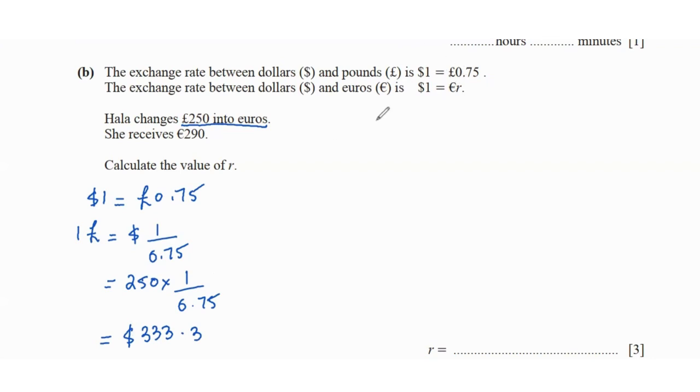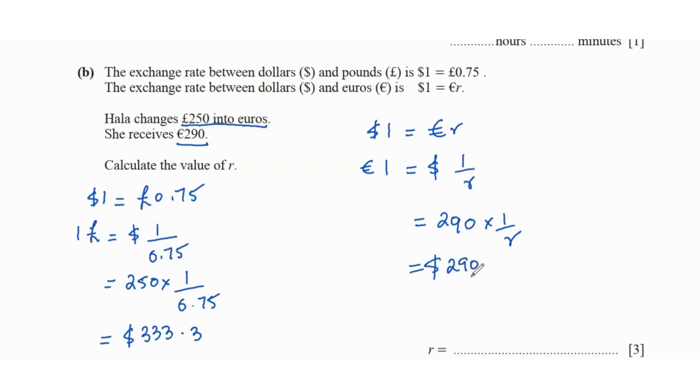Now that we know what 250 pounds in dollars is, we need to use the 290 euros to find the value of R. $1 is equal to R euros. So 1 euro is going to equal to 1 over R dollars. So to convert 290 euros into dollars, we will do 290 times 1 over R, which is 290 over R dollars. So this 290 over R dollars is the same as 333.3, because when she gave 250 pounds to convert into euros, the 250 pounds equals to $333.3.